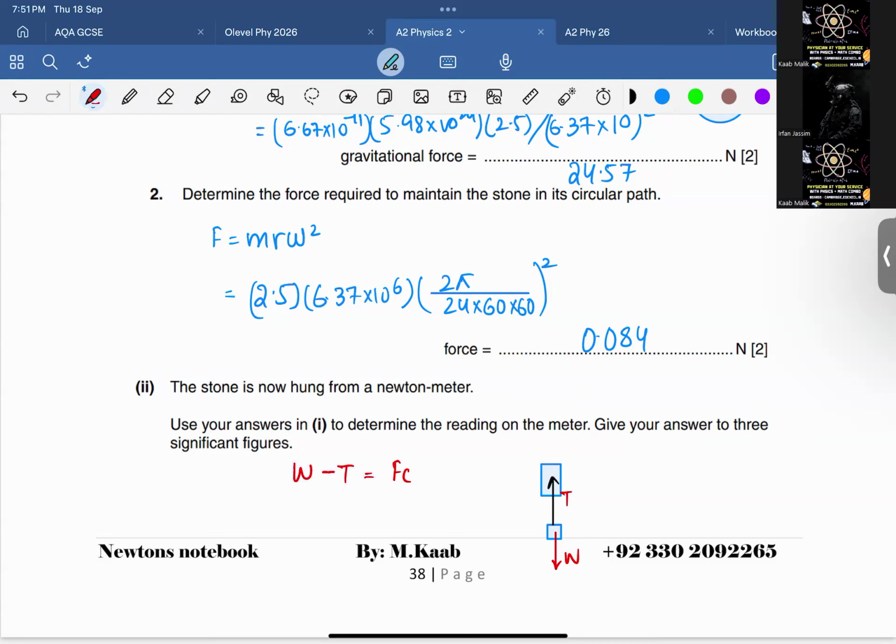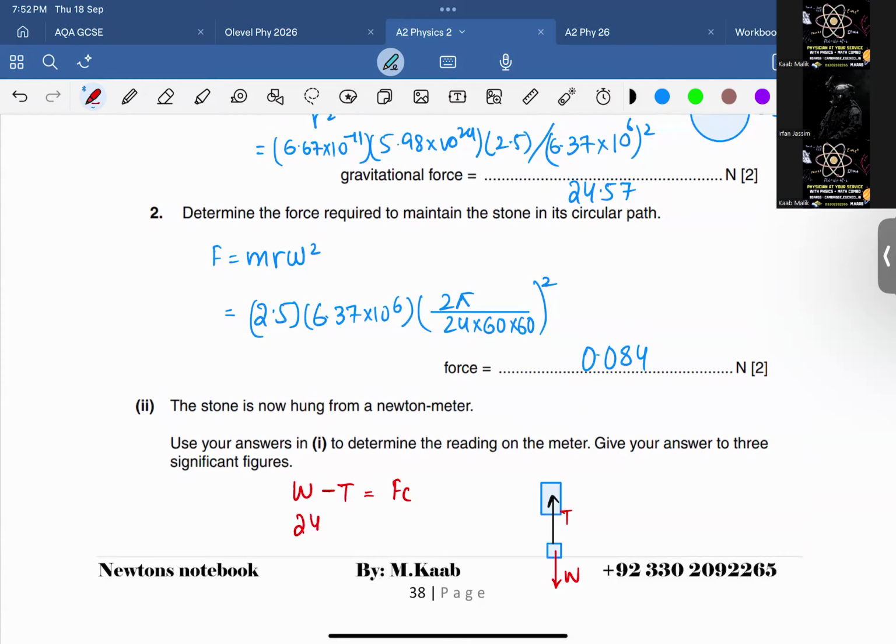So weight is basically how much? 24.57 minus T is equal to the centripetal force, 0.084, right? And then if you subtract the values, 24.57 minus 0.084 is equal to T, right?